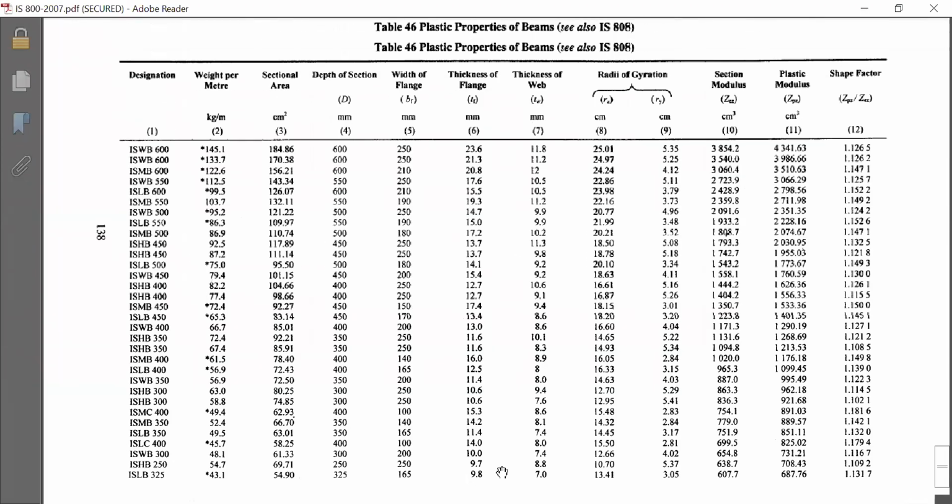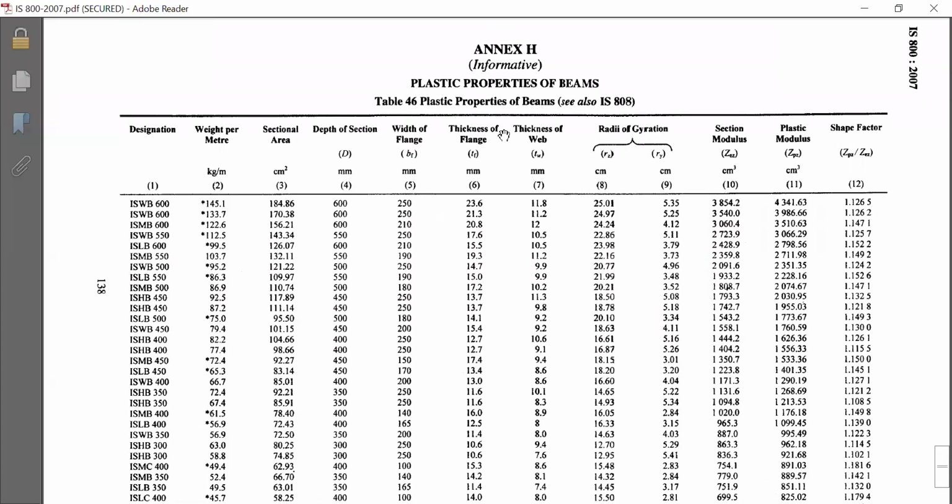So this is the annexure H of IS 800 2007, which will be there on page number 138. Here you can see the last three columns: one is section modulus, which is ZEZ, the second one is plastic modulus, which is ZPZ, and the third one is shape factor, which is ZPZ by ZEZ.